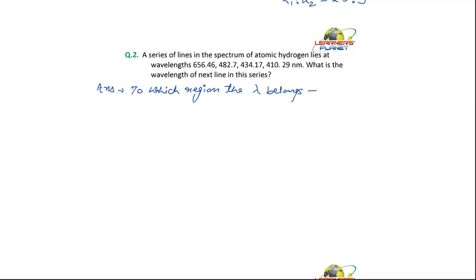See the wavelengths. Isn't it the visible region? The visible region is from 3800 angstrom to 7000 angstrom. So they are lying in the visible region, right? So they belong to the visible region.